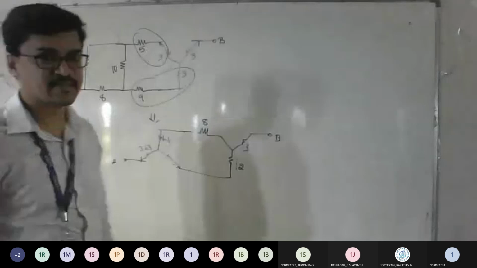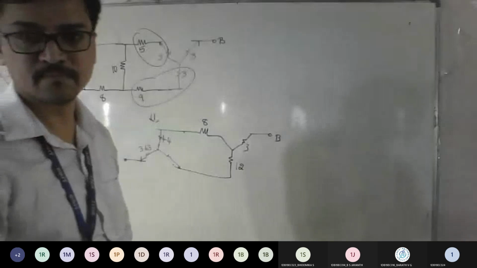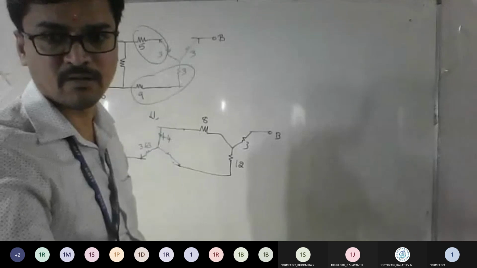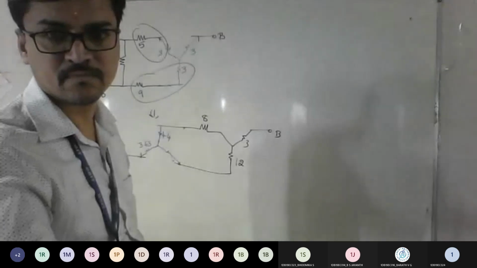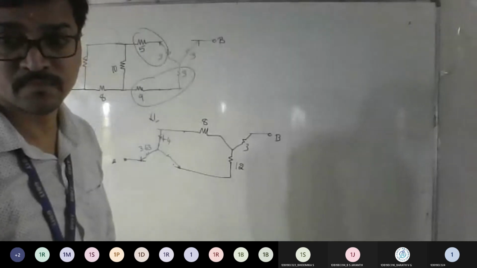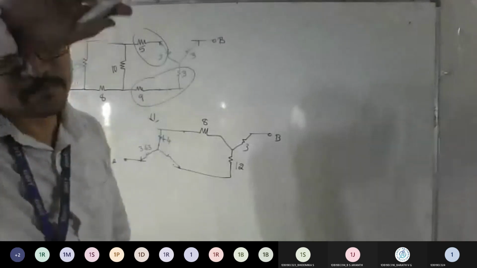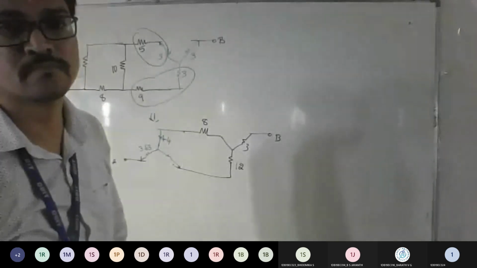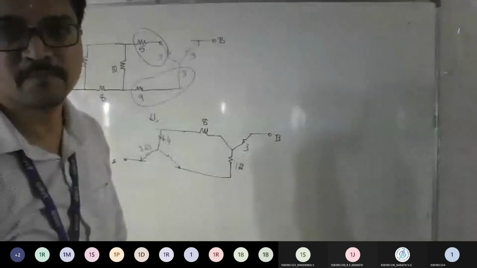3.63. Okay. Your last answer, Arun. How much is your answer? 10 into 8 divided by the sum of all.